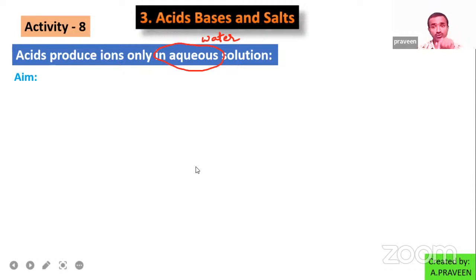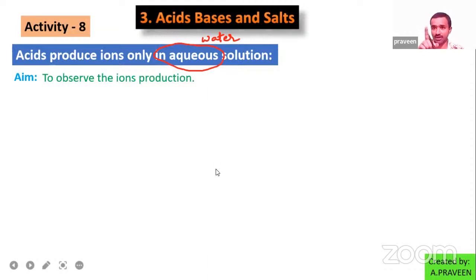Now without using electric current, we notice the production of ions. So to observe the ion production, we are conducting this activity.